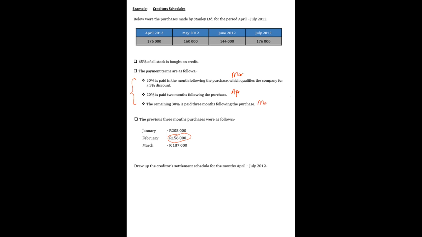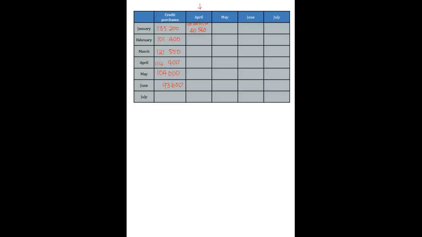So now we have 2 months that form part of our schedule, April and May. That's the 20% and the 30% of the February figures. So April and May, 20% in April, 30% in May.